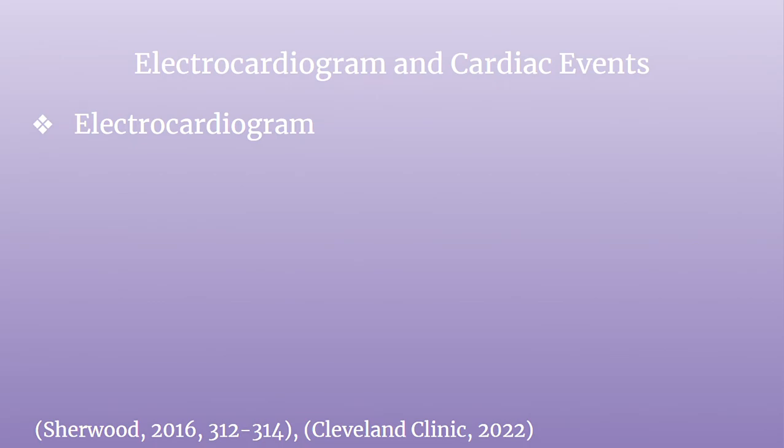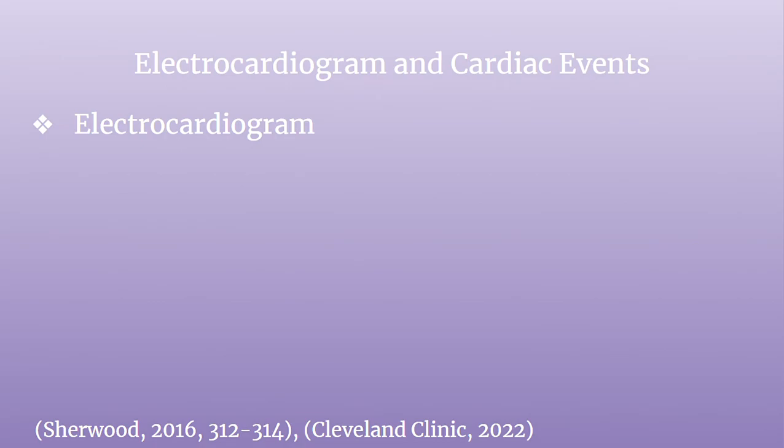Tachycardia stands for a fast heartbeat. Tachy comes from the word fast, and in tachycardia, the heart rate should be over 100 beats per minute in order to qualify. Bradycardia, however, brady comes from the word slow. So bradycardia stands for a slow heartbeat, and to qualify, the heart rate needs to be under 60 beats per minute.